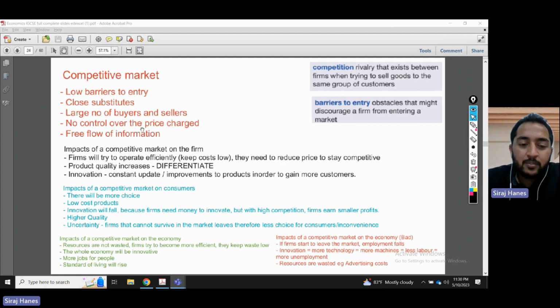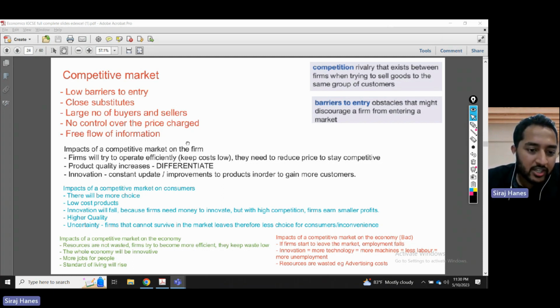There's no control over the price charged. That means all the buyers and sellers just transact at the market price, because buyers and sellers can't control the price. And finally, free flow of information. Everyone knows how much and where to buy and what to buy. These are characteristics of a competitive market. A lot of competition, in other words.